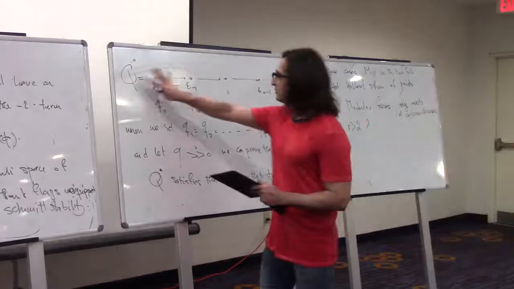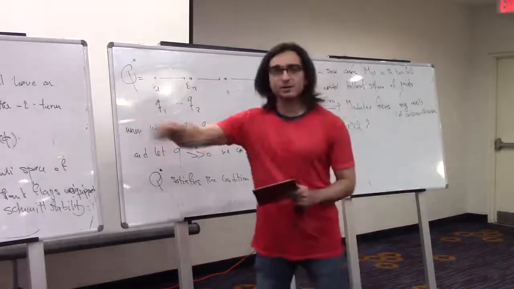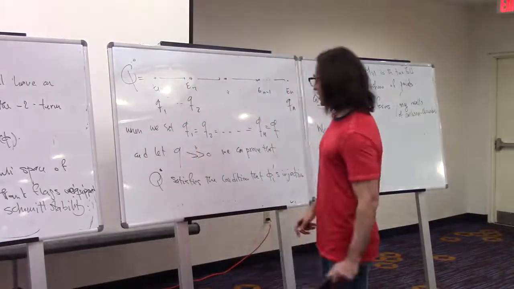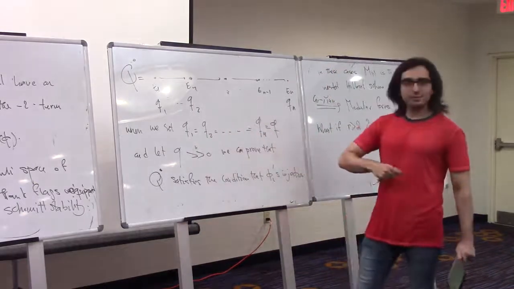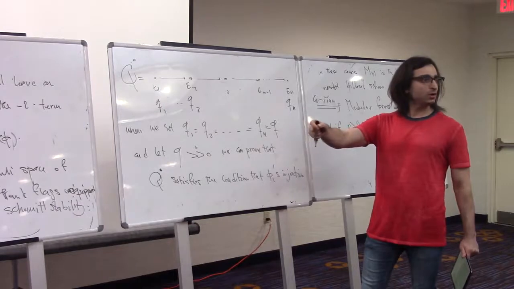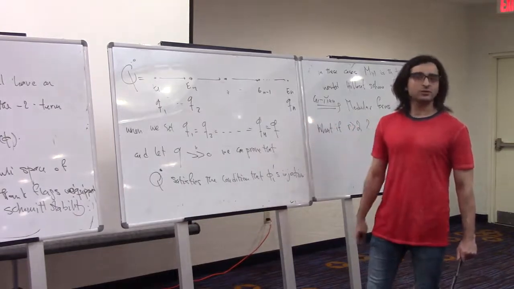So for these certain quivers of flags on this complex surface, equipped with this Schmitt stability condition, when we let the parameter of the stability become asymptotically large, we actually constructed a deformation obstruction theory.